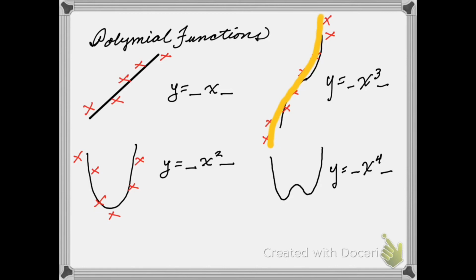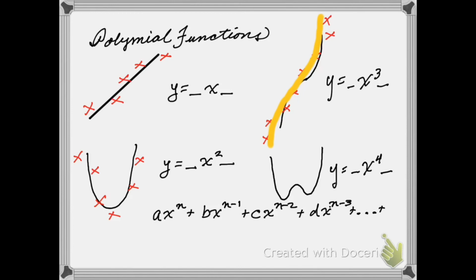Another element of a polynomial function that we would consider is that it can be written in the form, say, ax to the n plus bx to the n minus 1 plus cx to the n minus 2 plus dx to the n minus 3, and so on.